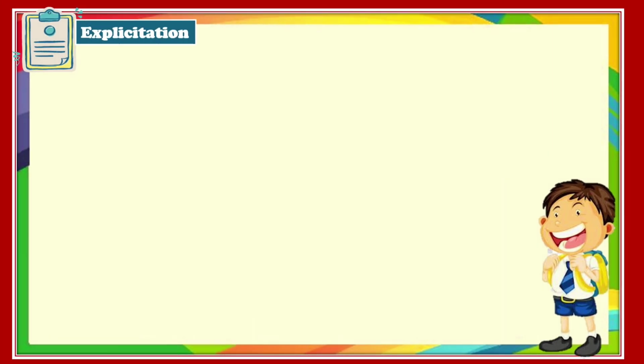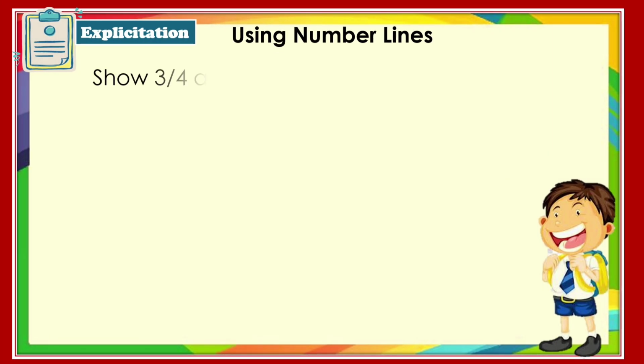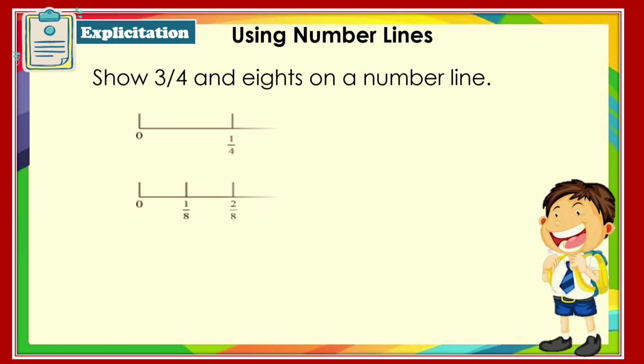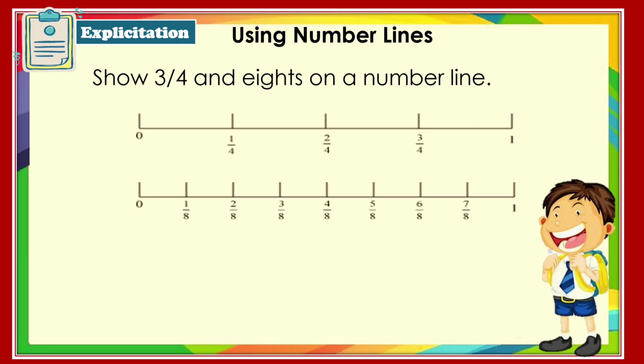We can also use a number line to solve the problem. Show 3/4 and eighths on a number line. The first number line is divided into 4 equal parts, or fourths, and the second number line is divided into 8 equal parts, or eighths. The red dot marks 3/4, which is the same as 6/8.